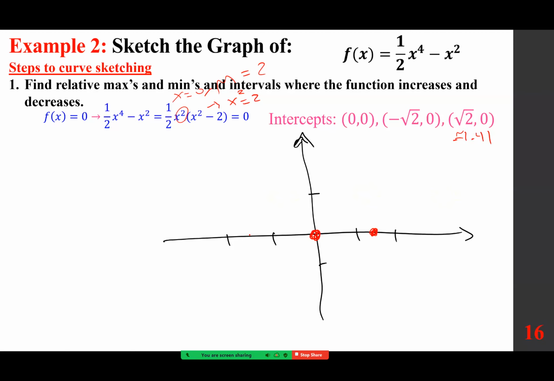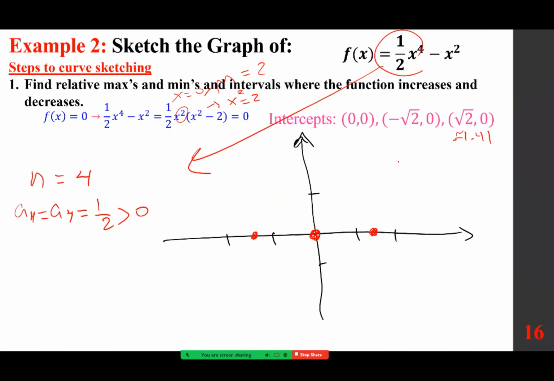This is negative 1.41 or negative square root of 2 comma 0. And if I look at this one, n is 4 and a sub 4 equals 1/2, which is positive. So this is my end behavior looking like an x squared.